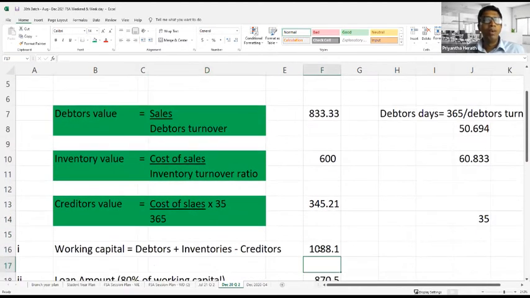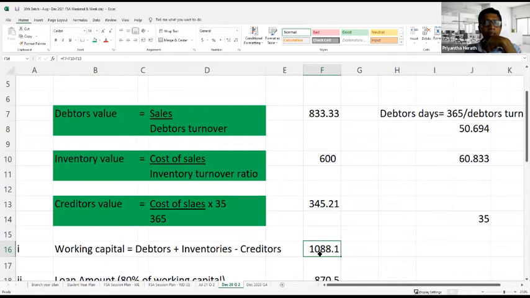And now working capital, we can estimate how? Debtors plus inventories minus creditors. If you need to write down the answers, let me know. Right?